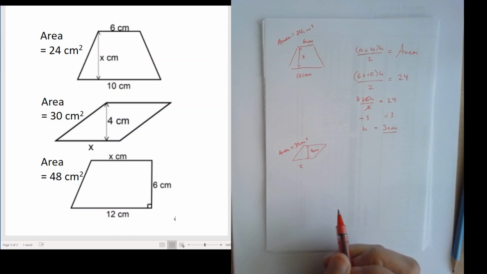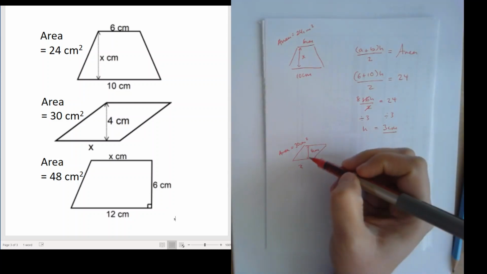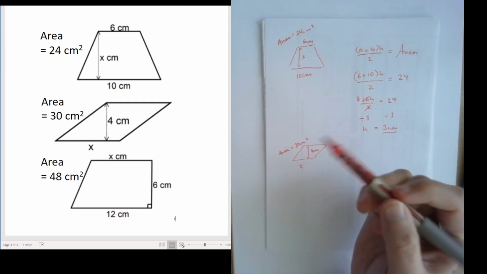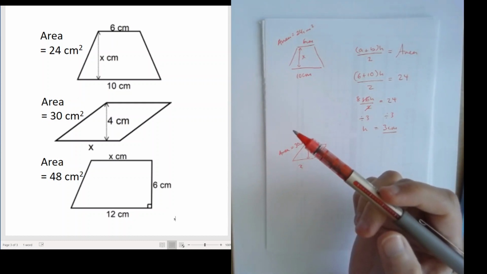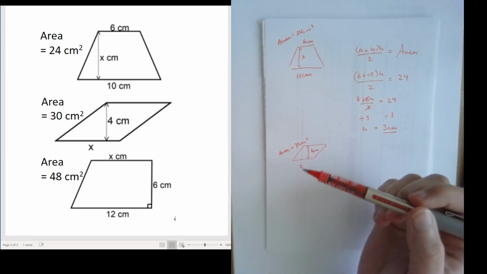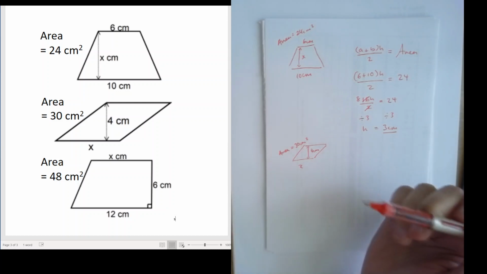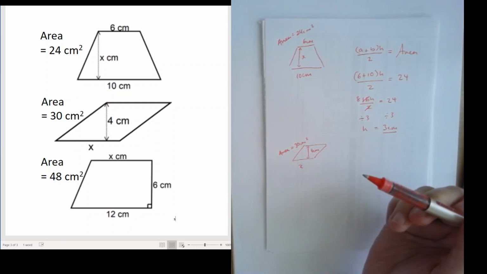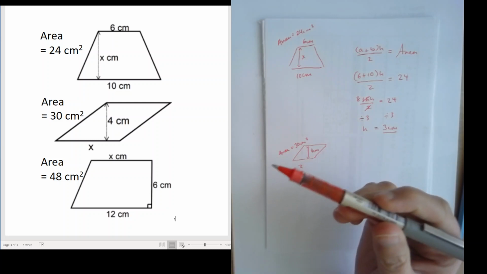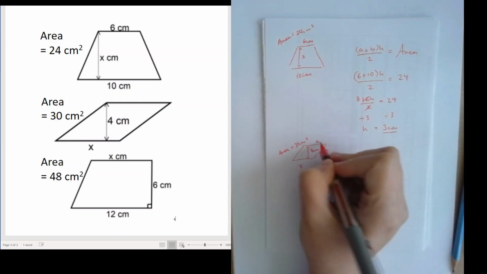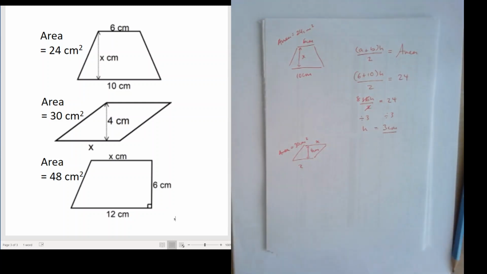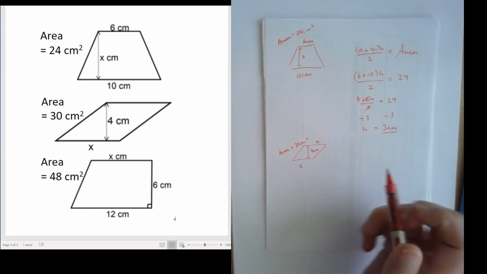If anyone ever gives you this type of question and they only give you one measurement, then it's probably safe to look at the shape to see what kind of shape it is. I'm looking at that shape and gauging, the diagram is never drawn to scale, but it looks like they're trying to tell you it's a parallelogram. So I'm going to say the top and the bottom are exactly the same.